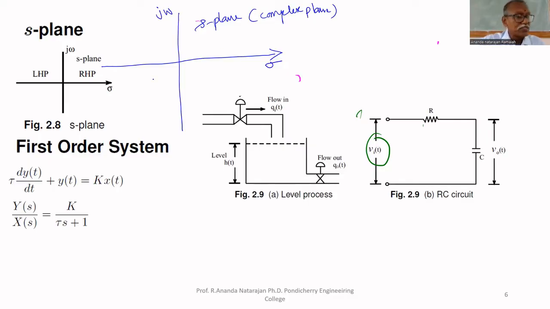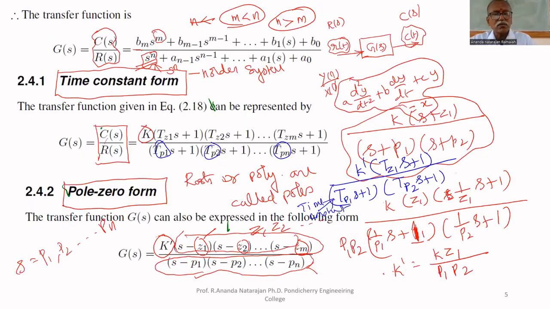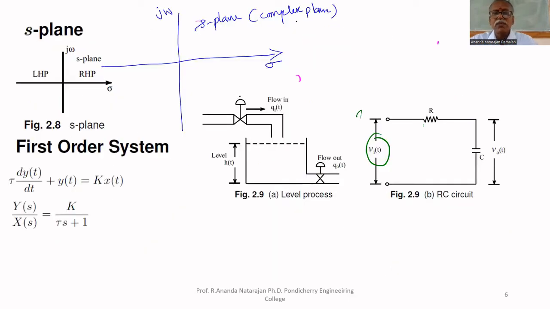If you plot the poles of these systems, how do you plot them? For S plus P1, how do you find the roots? S equal to minus P1, S equal to minus P2.